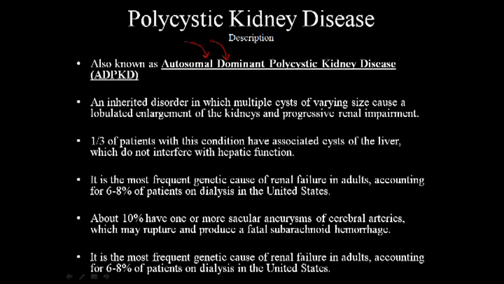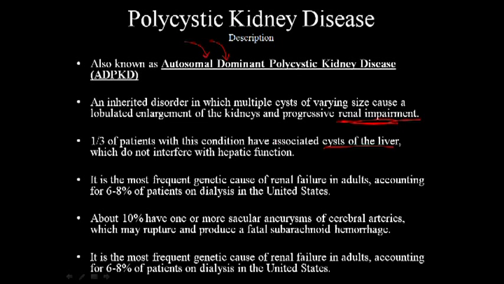And so basically the cysts become large, and then they result in renal impairment potentially. And 1/3 of patients with this condition have associated cysts of the liver. So sometimes you're going to have cysts of the liver which don't interfere with hepatic function.